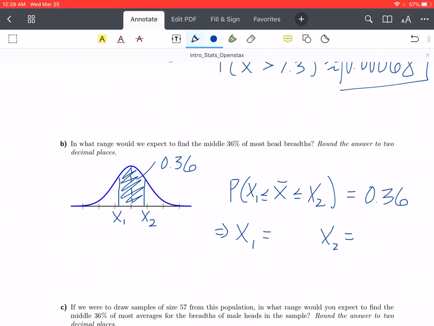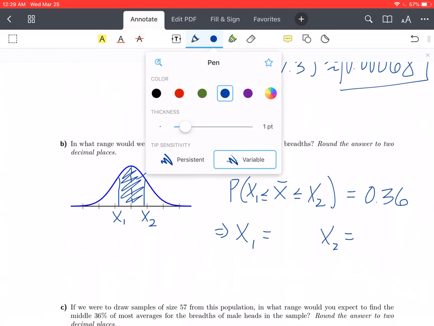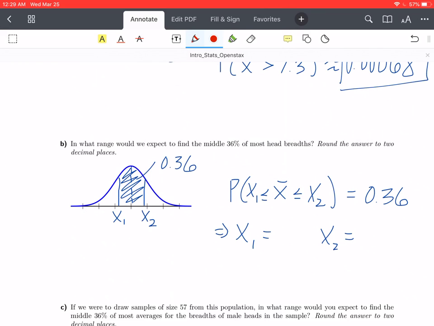In order to do this, we're going to use that inverse CDF function on Desmos. But again, that one only gives us the area to the left of it, so we need to work with this carefully. If we are looking at x1 first, we know that everything to the left of the mean, that is half of the area under the curve, that's 0.50. That's 50% of all the data lies to the left of the mean.